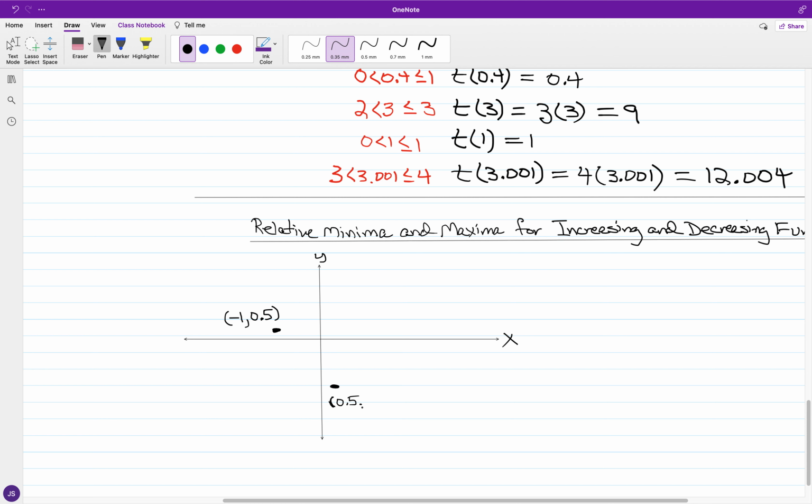We have 0.5, -3, and these are ordered pairs. Also, we'll say that we have another ordered pair where we have 5, 2. And yet another ordered pair where we have 5.5 and 1.